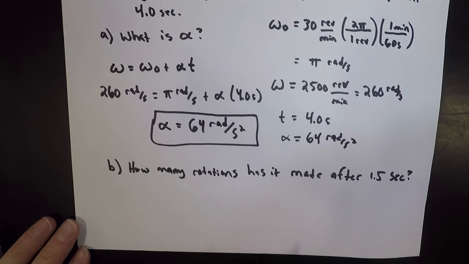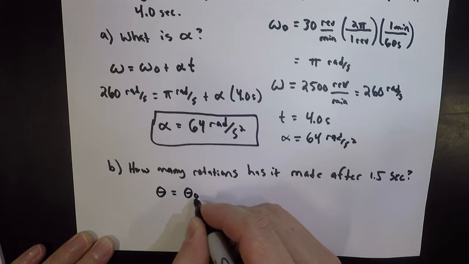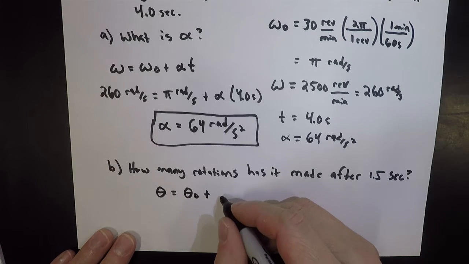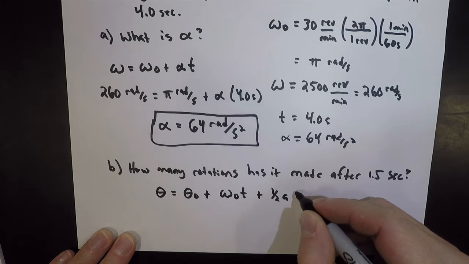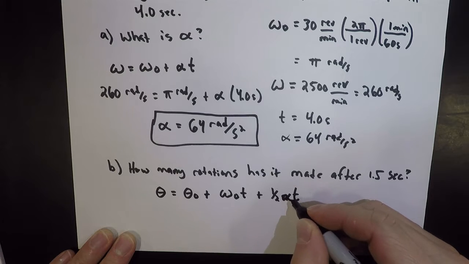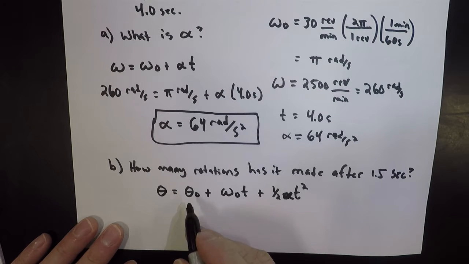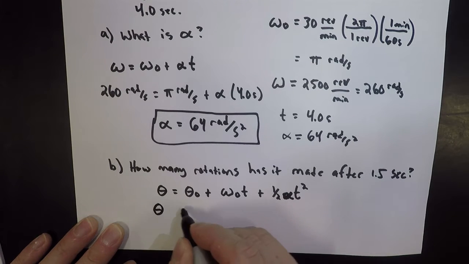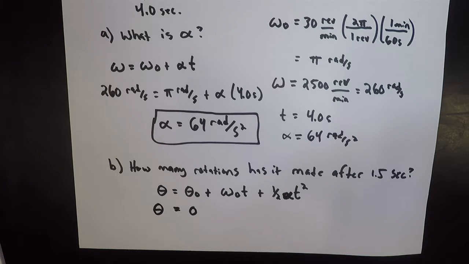To find my angular displacement, I could use this kinematics equation: theta equals theta naught plus omega naught t plus 1/2 alpha t squared. We know all of the variables in here besides theta. It doesn't matter, we get to pick where the 0 position is, so we can start our object off at an initial angular position of 0, and then solve for what angle it rotates through during this time period.